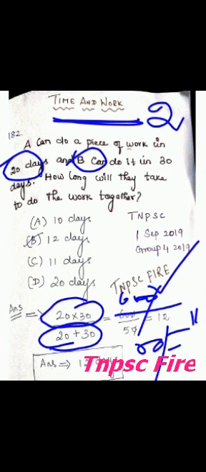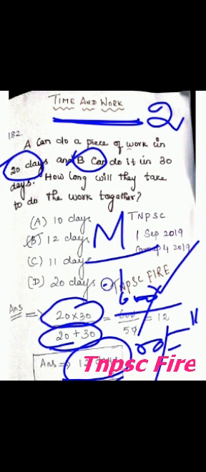They take 12 days to do the work together. 12 days is the answer. You just use the small trick: multiply the two values in the numerator and add them in the denominator.